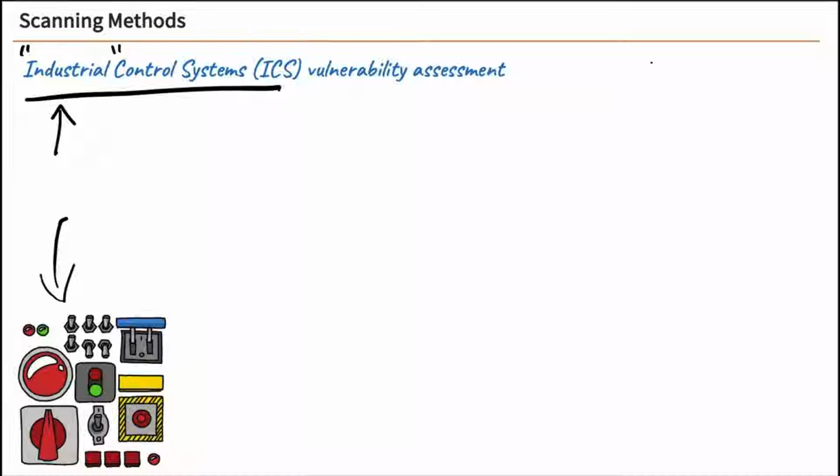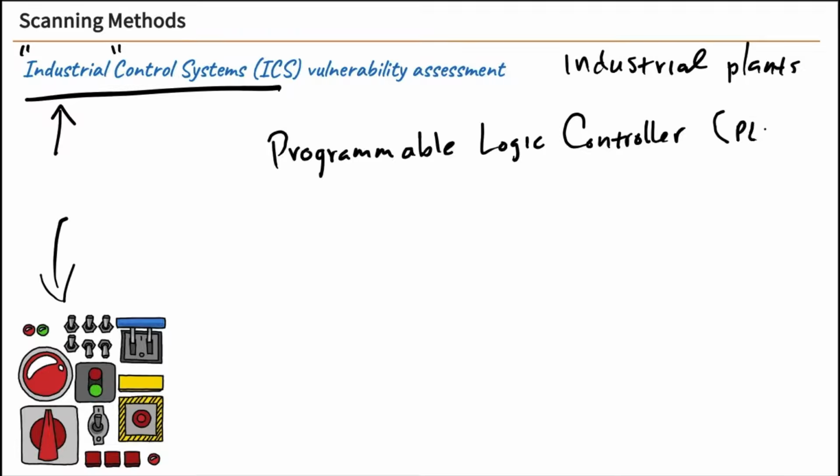So a lot of times this will happen in industrial plants, like manufacturing plants and such, because a lot of these ICSs, industrial control systems, are just little computers. One common type is called a programmable logic controller, or PLC.